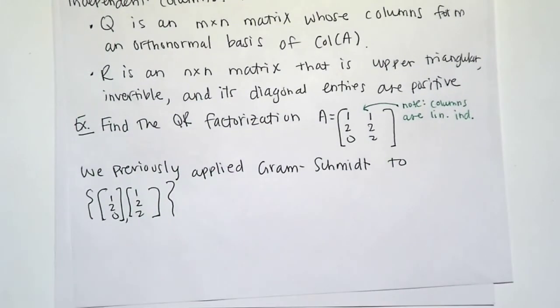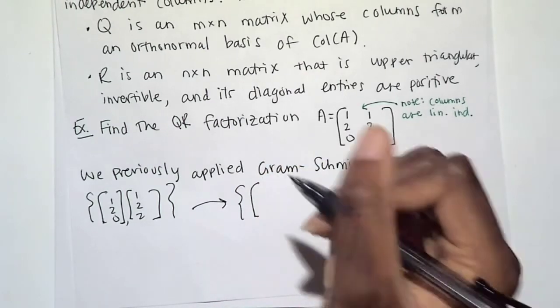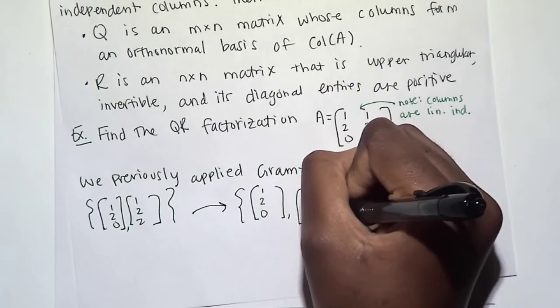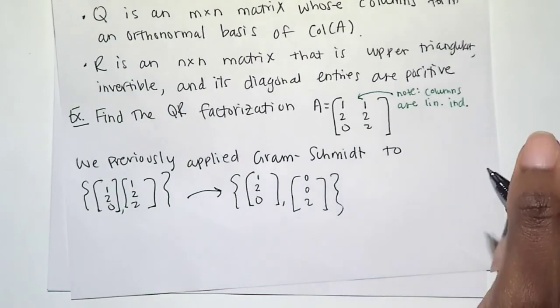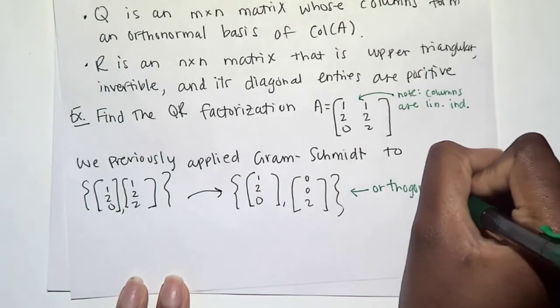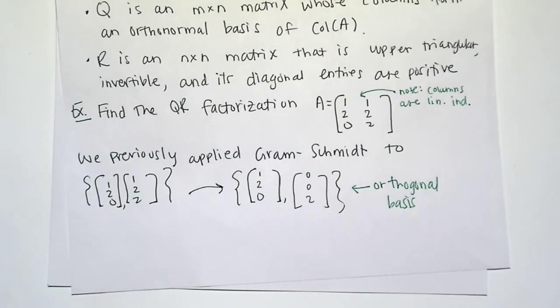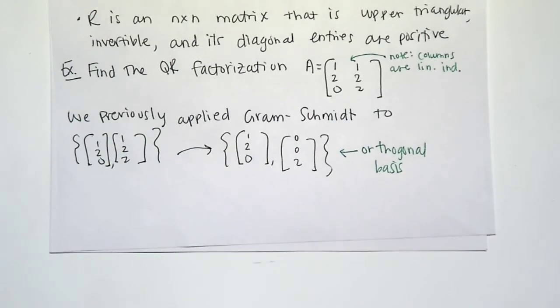We applied the Gram-Schmidt process to these two vectors to get these two vectors, (1, 2, 0) and (0, 0, 2). Check that video out if you missed that example. And this is an orthogonal basis. And then we took that orthogonal basis and normalized it.